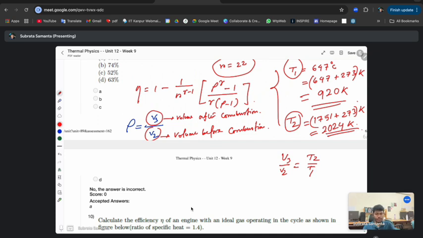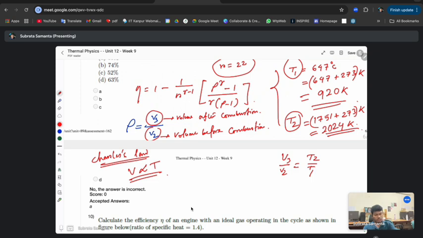From Charles law, if you know Charles law, it suggests that volume is proportional to temperature. So that means V3 over V2 is basically the ratio of temperatures.